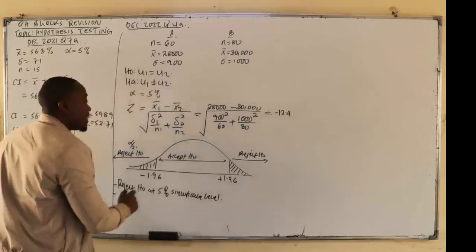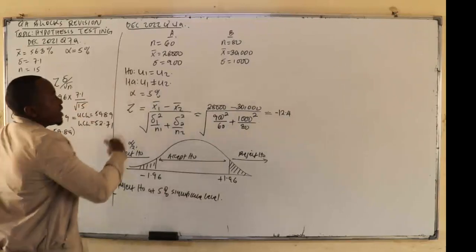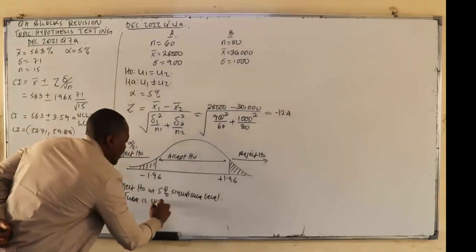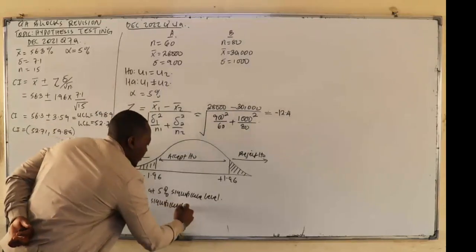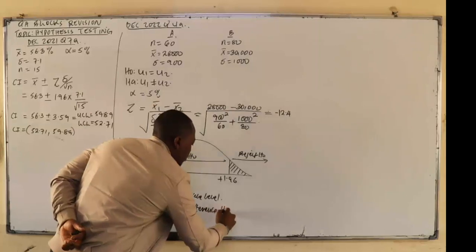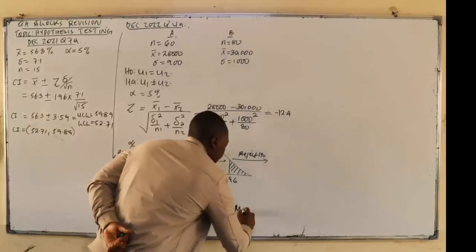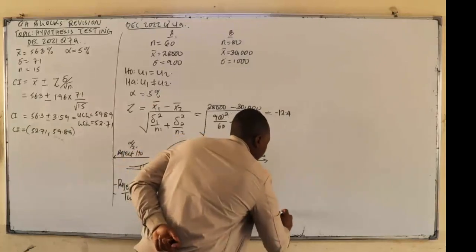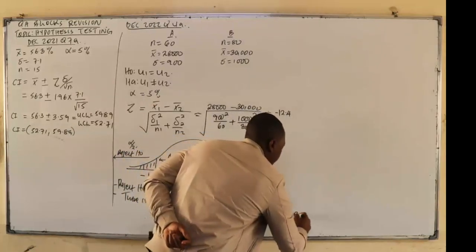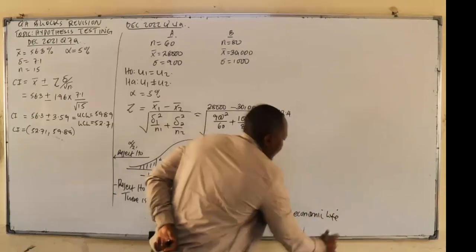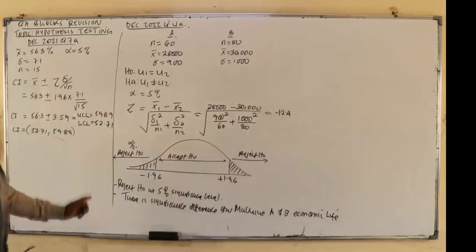So therefore, there is a significant difference between machine A and machine B economic life. Good. So you can copy.